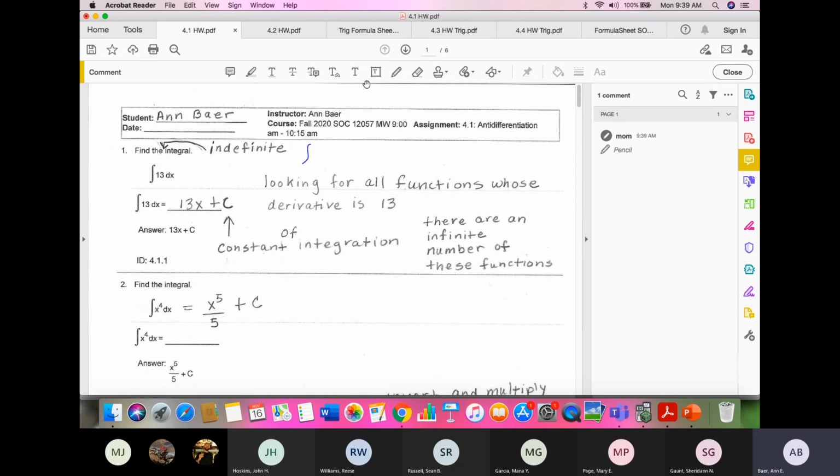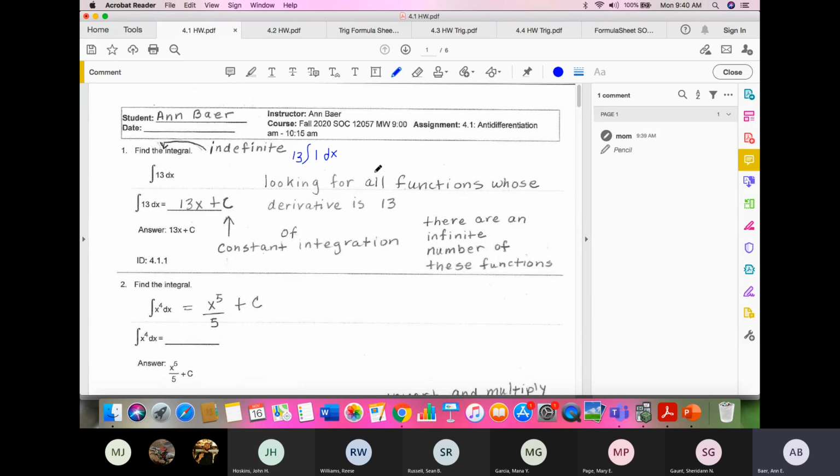I would put this 13 right here. That's going to leave a 1 inside though, times dx. And all this tells us is what variable we are integrating with respect to.